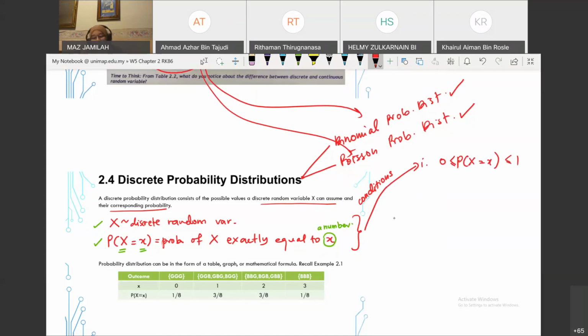This is the probability rule that we have just discussed. It means that for any discrete random variable, the probability is between 0 and 1.